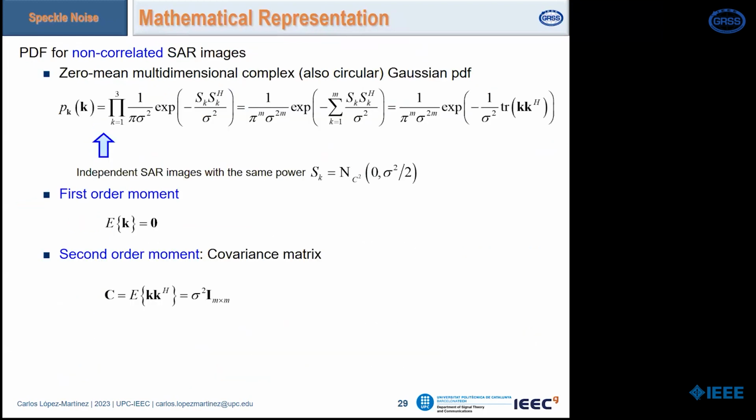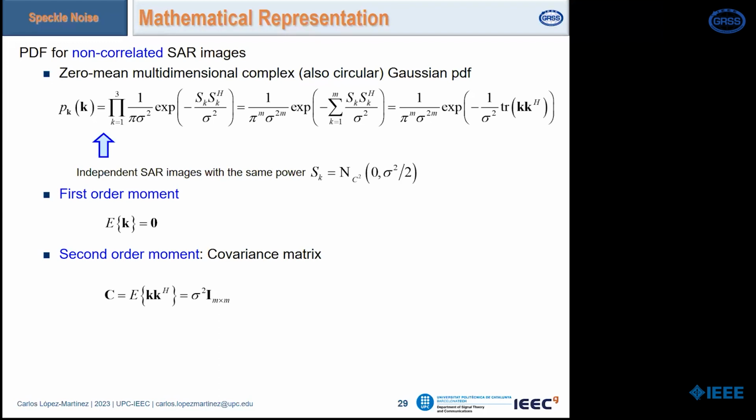I no longer have one image, I have three images. So which is the distribution of the vector? Let's assume that these images are independent. So the PDF of the vector is the product of the independent distributions of each component. So therefore, I end up with this distribution.